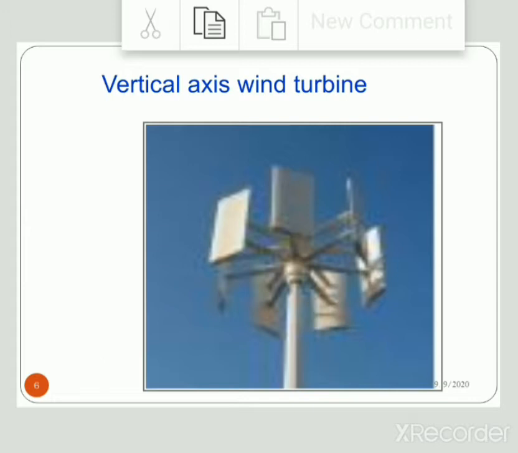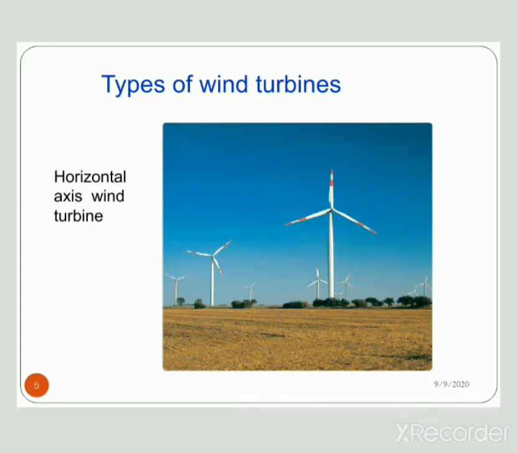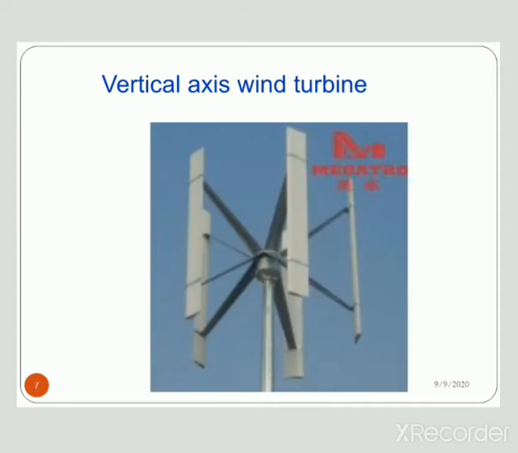Savonius models are more commonly used and let air in through a hub to turn a generator. The turbine spins by rotational momentum when air passes through the blades. The construction of horizontal axis and vertical axis wind turbines is completely different. This is one more picture of a vertical axis wind turbine.